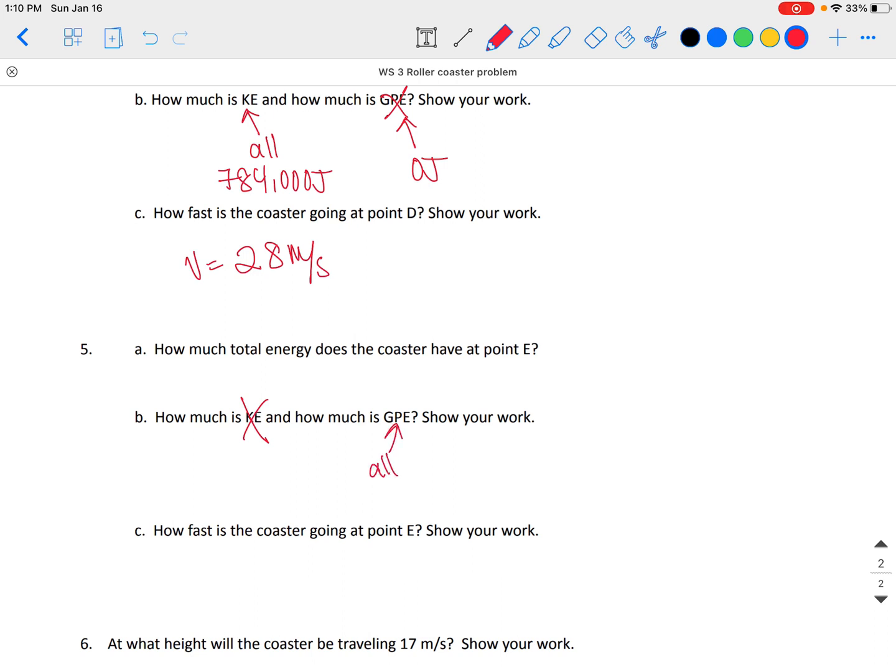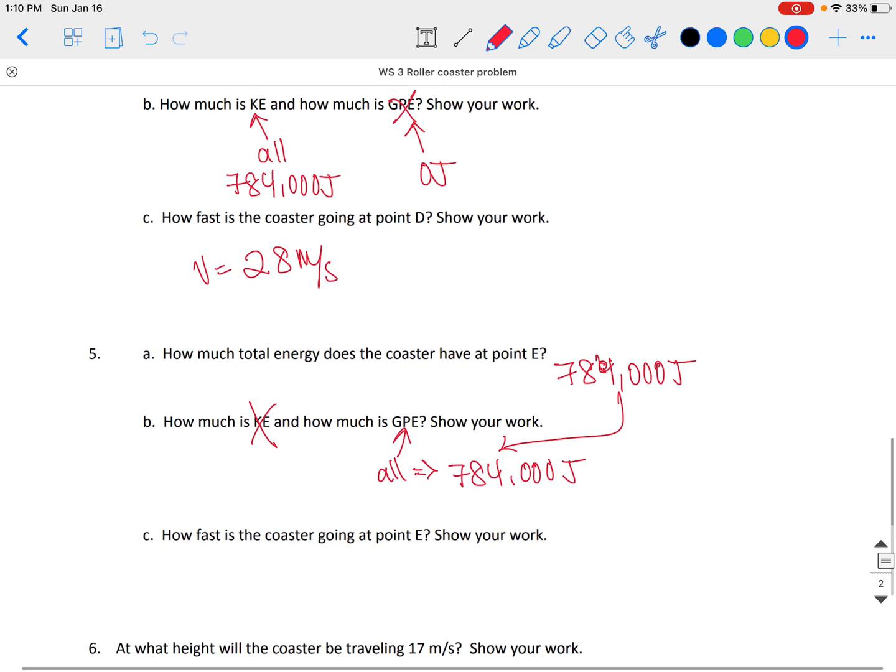And if it's 784,000 joules total, then it's going to be a GPE of 784,000 joules. How fast is the coaster going at point E? Well, the speed is related to kinetic energy. If the kinetic energy is 0, the speed is also 0.